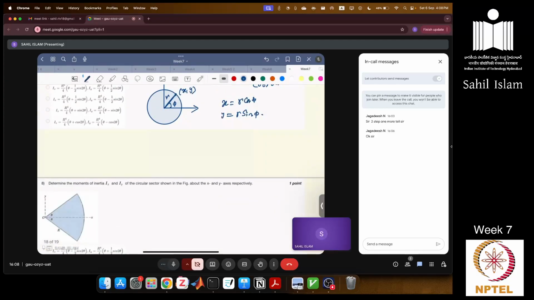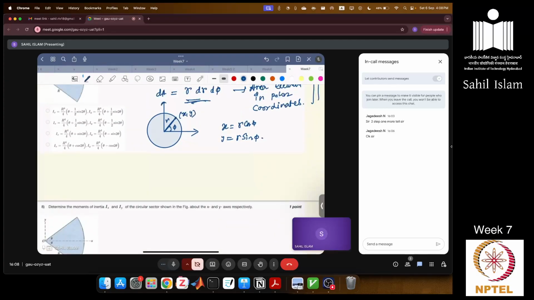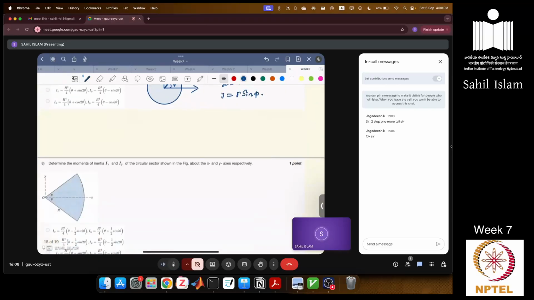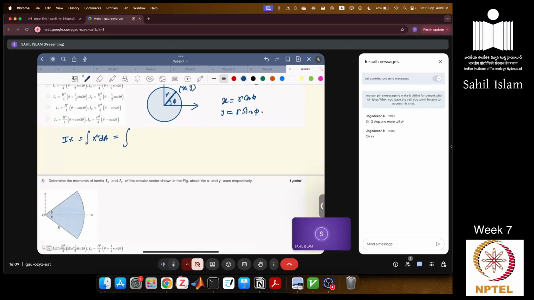Fine, so let's calculate. Now look at this. Let's calculate the integral of x squared dA. So x is r cos phi, so r cos phi whole square, and dA is r dr d phi. So we get the integral of r squared and another r, which is r cube dr, times cos squared phi d phi. Now what is the r limit?